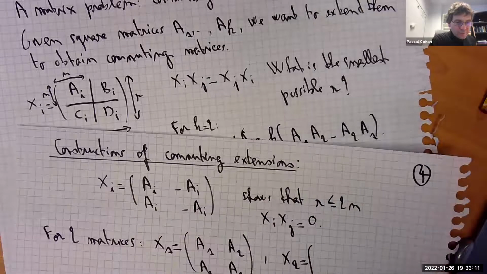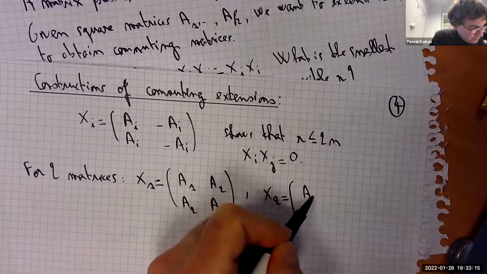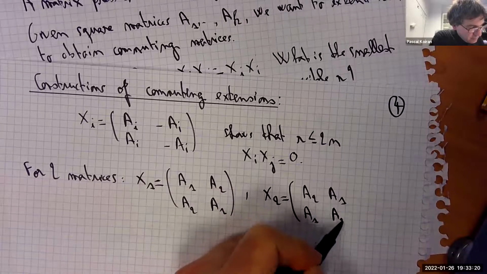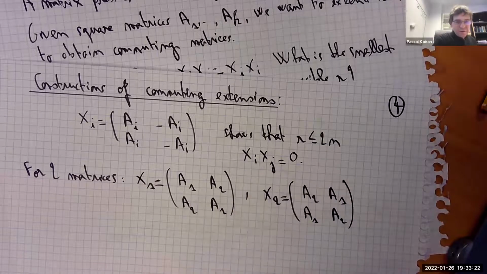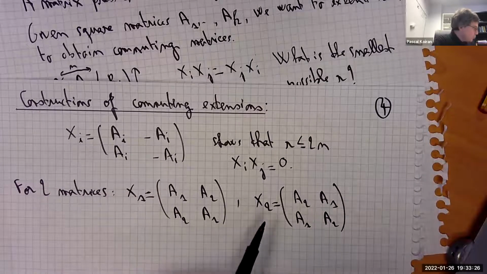And for x2, you just permute a1 and a2. You can make the product and check that x1 and x2 commute.